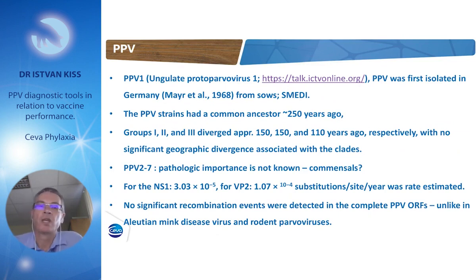As usual, structural genes like VP2 are even more variable than non-structural genes like NS1. It is a small piece of information, but interesting that even among parvoviruses, there is a difference in whether recombination events take place in their evolution. Up to now, PPV is considered to be free of recombination events.